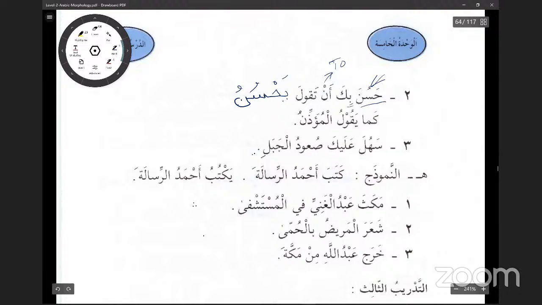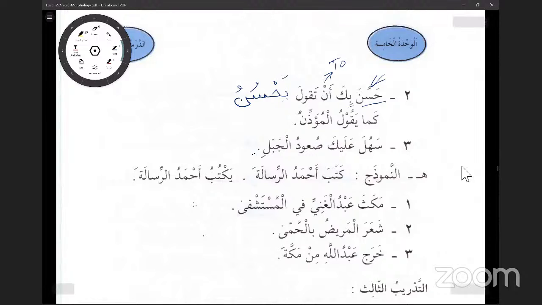There are rules to Arabic that we'll learn later that since there's a harfu jar here, he's saying it is good for you to say as the mu'adhin says. So it's not him that did the verb good. So the fa'il is ضمير مستتر تقديره هو. Okay. Jazakallah khair. وإياك. So we have number 3.